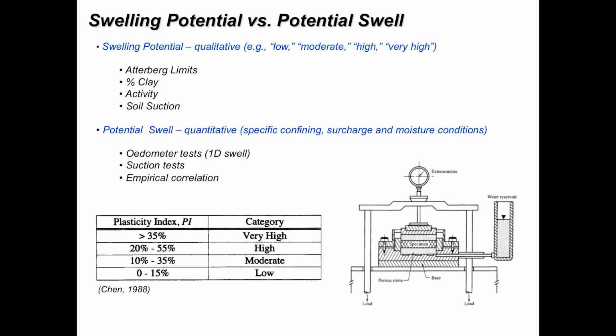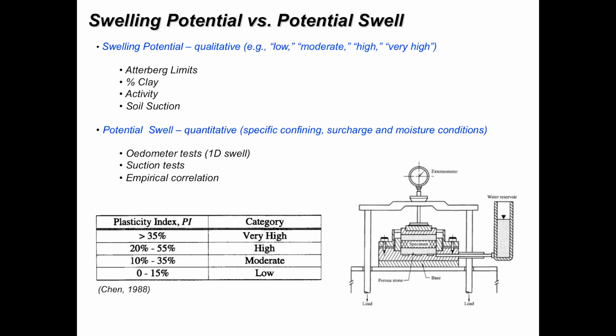It's not a quantification of how much heave we might get under certain conditions. So for swelling potential, we typically will use tools like Atterberg limits, which I'll describe in a moment here, percent clay, which we might measure from hydrometer analysis, activity, which is really a combination of Atterberg limits and percent clay. And there are a few approaches that we can use to classify expansive soils using soil suction.